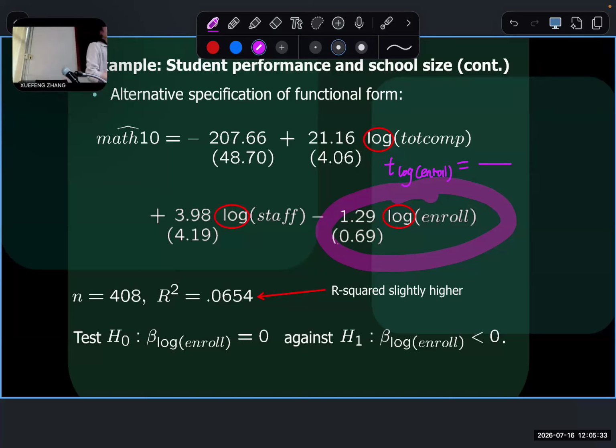You get it? The t ratio. You use the estimated coefficient, negative 1.29, divided by its standard error, which is 0.69. What is your answer?